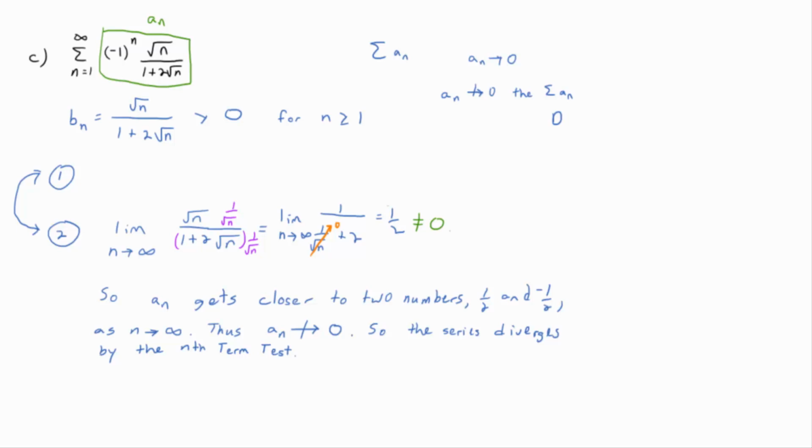An diverges to infinity, but it alternates between numbers going to positive infinity and numbers going to negative infinity. So either way you look at it, An is not going to converge to 0, and so you make the conclusion by the nth term test that the series doesn't converge.